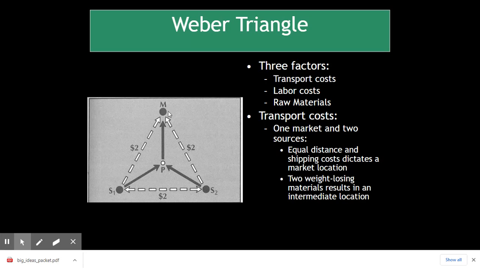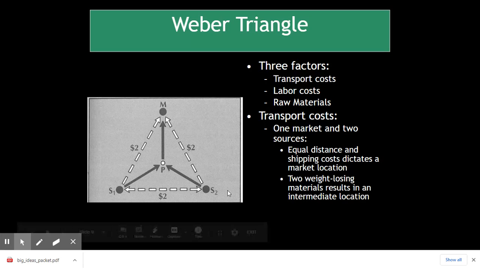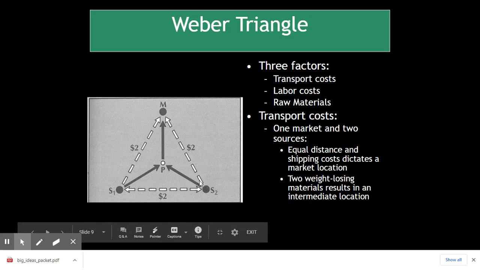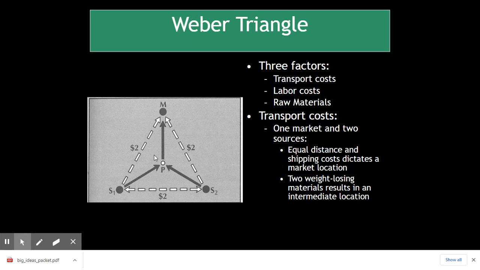So here's my market. I'm thinking about New York. Here is my source of raw materials, where my iron ore is located up in Michigan. Here is my source of labor, where I have a lot of people that could work in those factories in Pennsylvania. So maybe my vectors would meet at a place in between Illinois and New York, and that's going to be my ideal place for my factory.